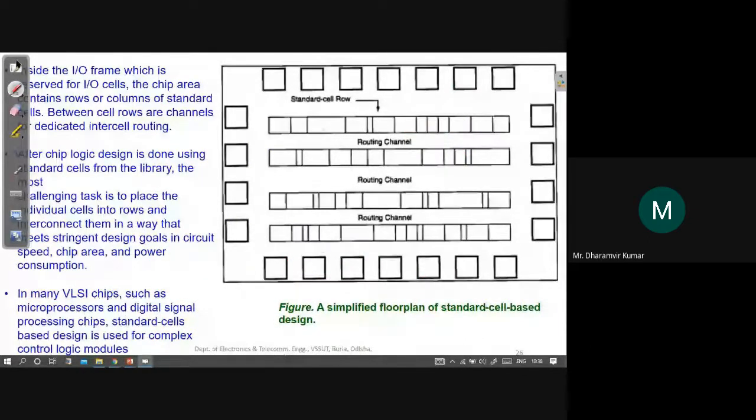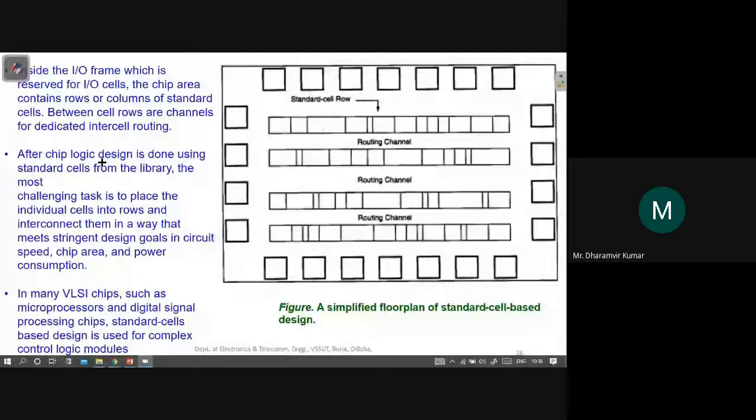After chip logic design is done, using standard cells, picking up the standard cells from the library, then the most challenging task is to place the individual cells into rows and interconnect them in a way that meets stringent design goals in circuit speed, chip area, and power consumption.